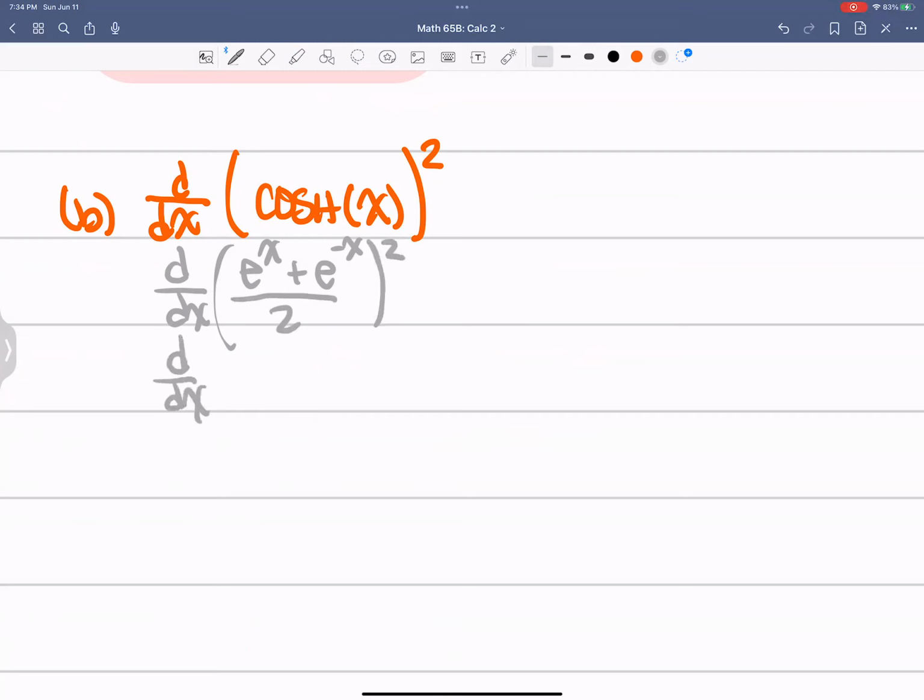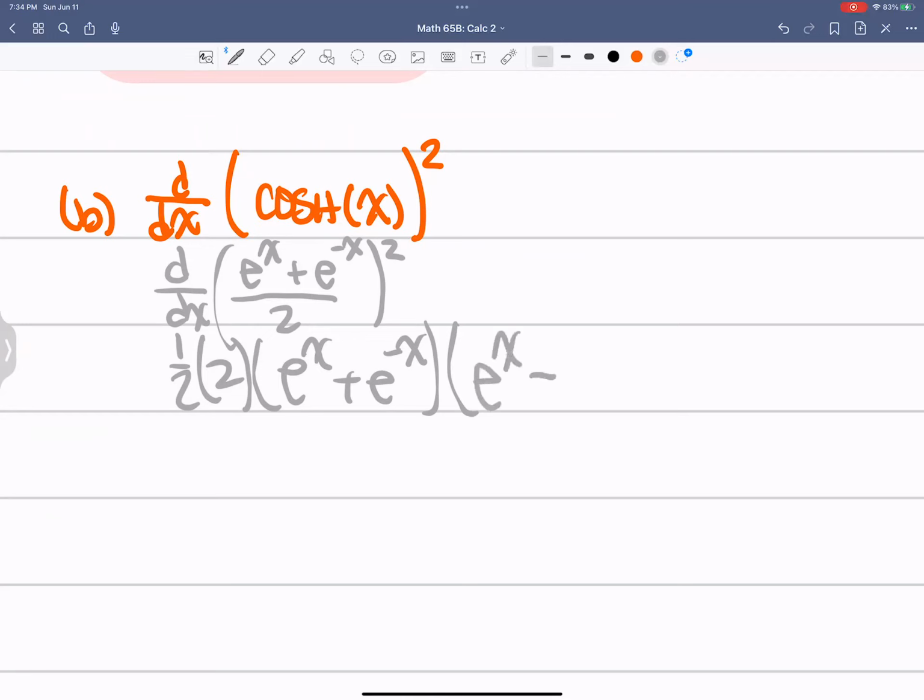In order to differentiate, let's pull out that 1/2 and start differentiating. So power rule: grab this, bring it to the front as a coefficient, and then go down 1 degree. So e to the x plus e to the negative x, times, we're multiplying this by the derivative of the inside, e to the x minus e to the negative x.